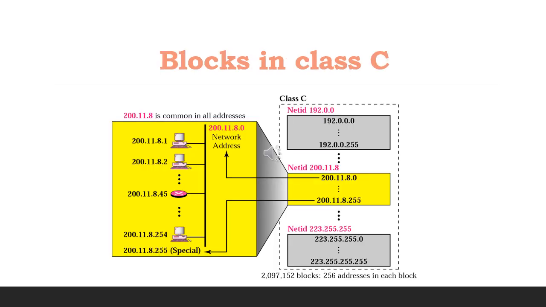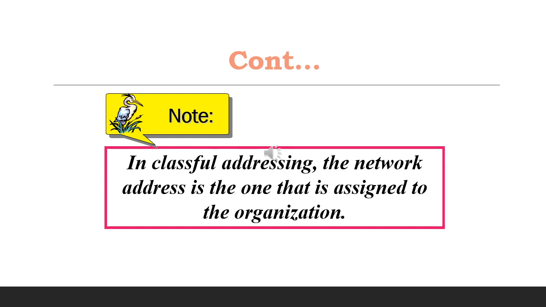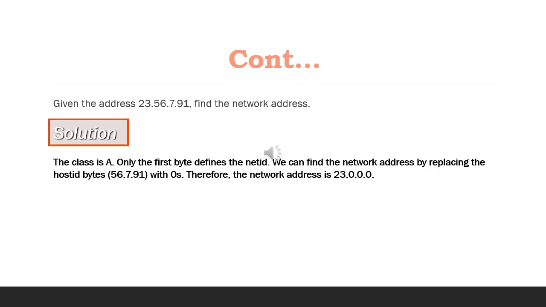Similarly, 192 is a class C address, so we have the first 3 octets as network ID, and the fourth octet acts as the host ID. In classful addressing, the network address is the one assigned to the organization. We take an example.